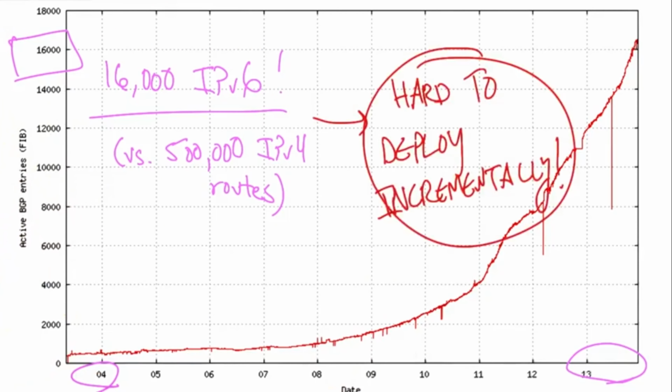The problem is that IPv6 is very hard to deploy incrementally. Remember our discussion of the narrow waist. Everything runs over IPv4, and IPv4 was designed to run over a variety of physical layers.